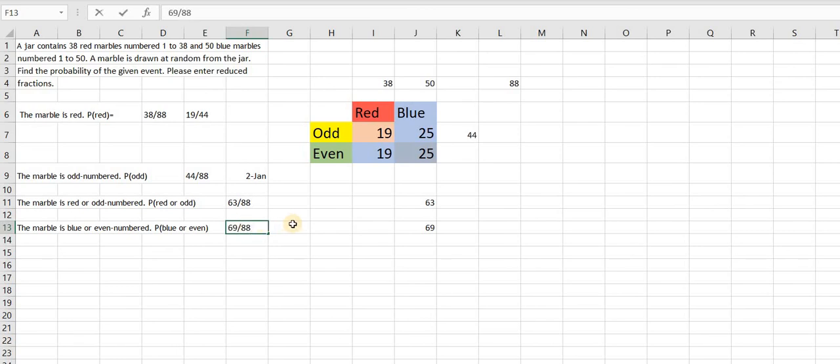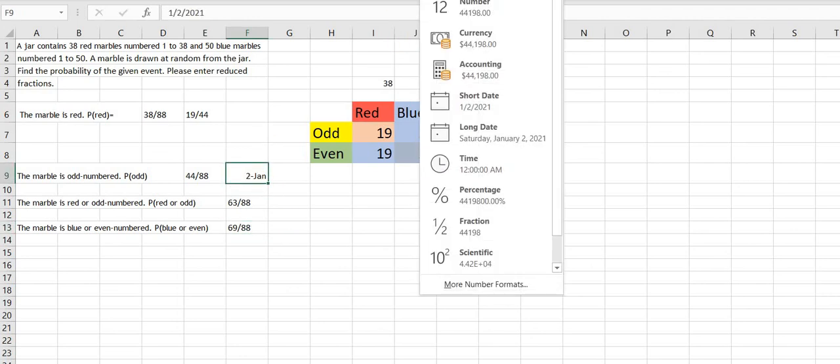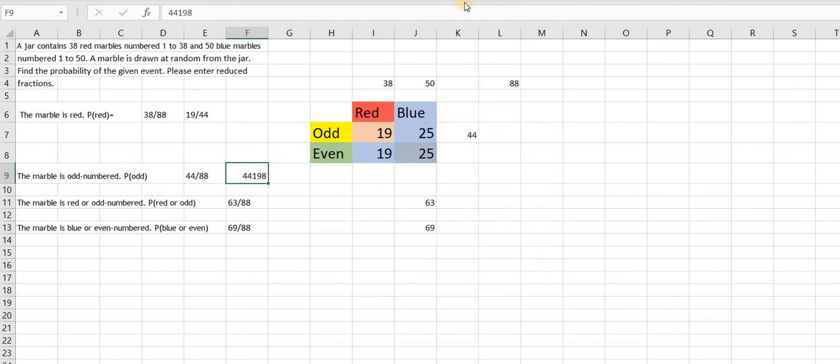And again, you are going to reduce the fractions if you are able to reduce them. If they are in the simplest form, then you will be done. And the odd probability from before is 1 divided by 2, or 1/2.